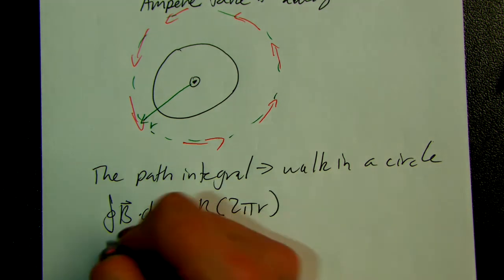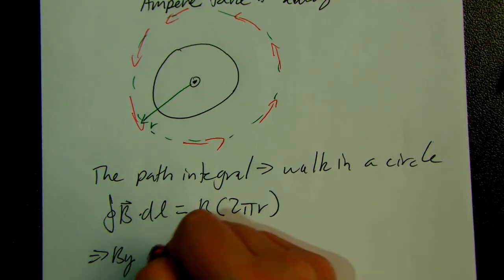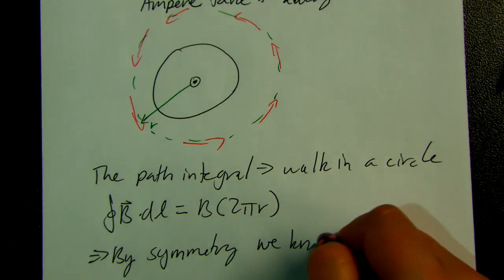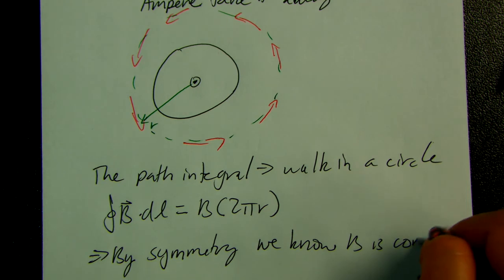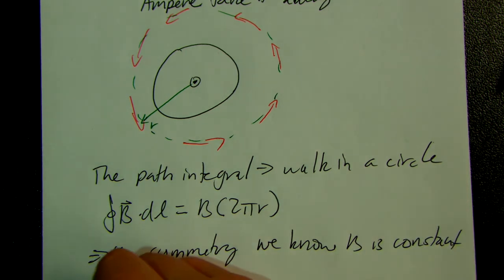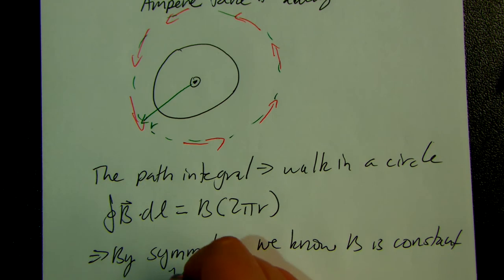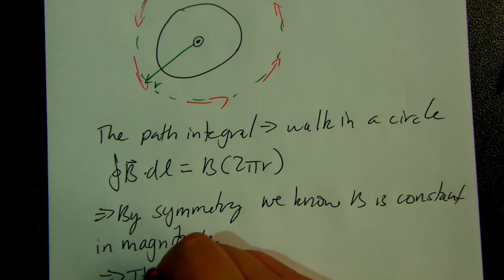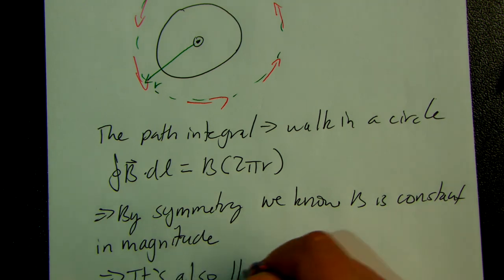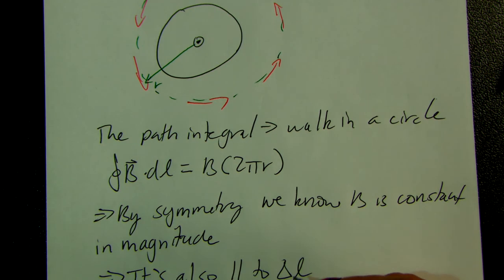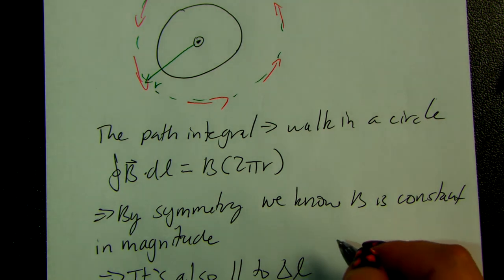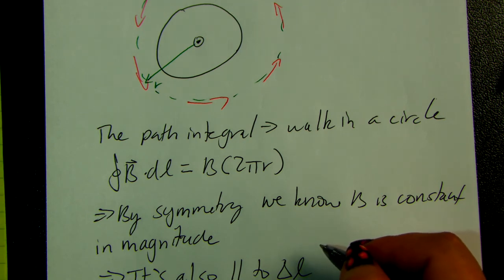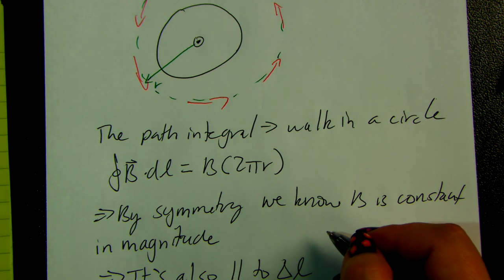All right, so by symmetry, we know B is constant in magnitude. And it's also parallel to dl. So again, with these types of things, you do want to double check your concepts. So now let's think about the amount of current that is rushing through our area.